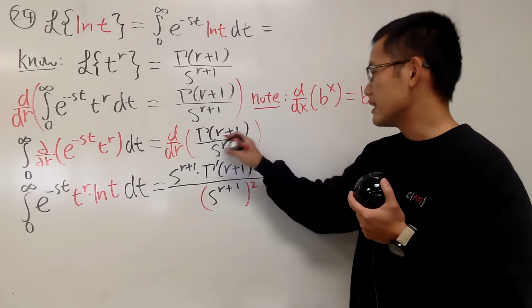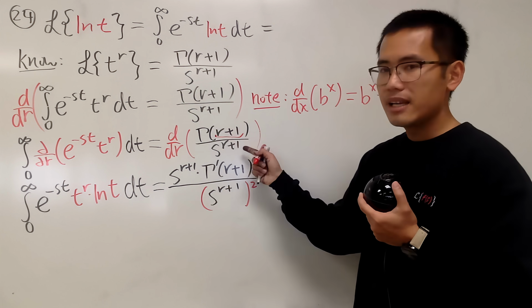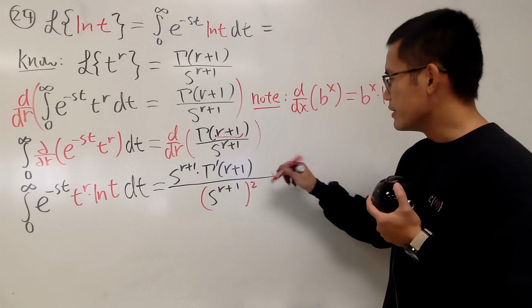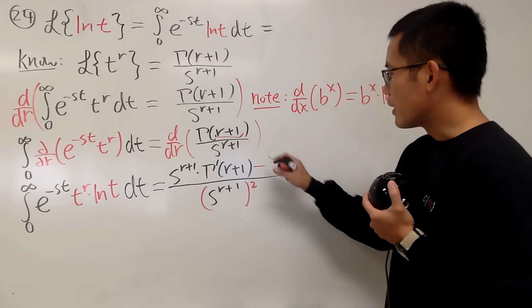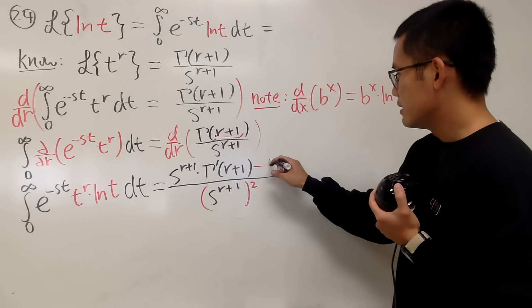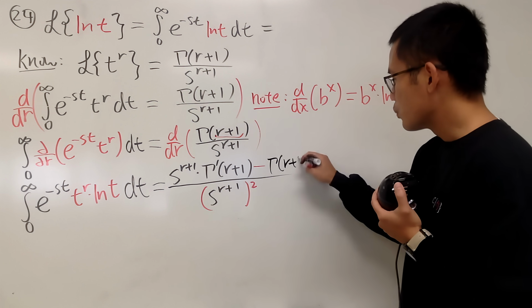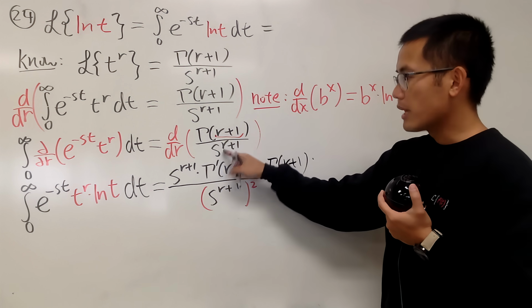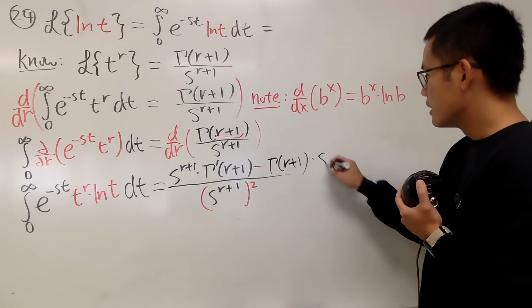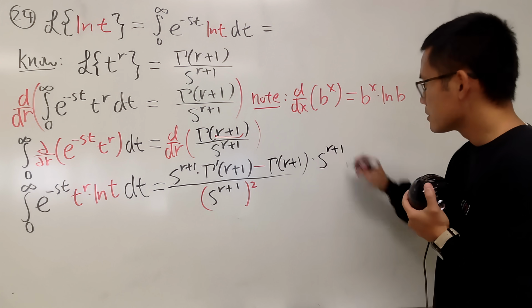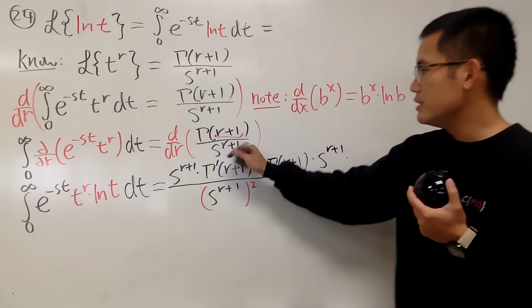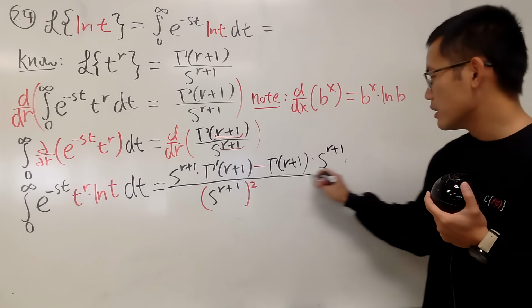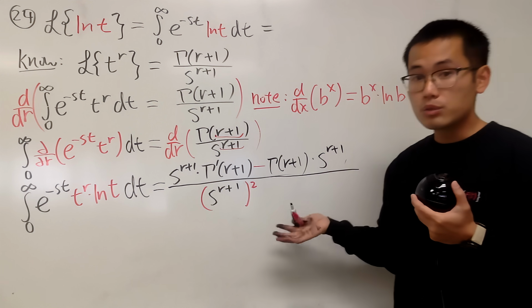What does the chain rule say? The chain rule says multiply by the derivative inside, but the derivative of r plus 1 is just 1, so it doesn't matter. Then you continue, minus the top function, which is gamma of r plus 1, times the derivative of the bottom with respect to r. So you first repeat s to the r plus 1 and times the derivative of this, which is again just 1, so it doesn't matter. So this right here is what we have.